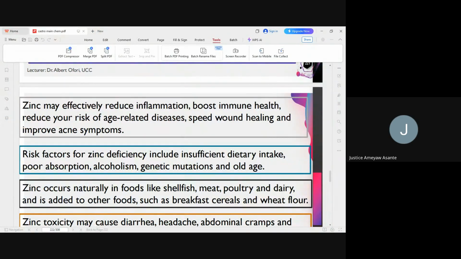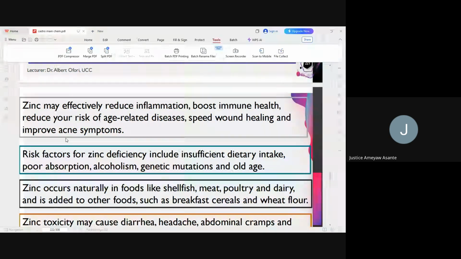Okay. So zinc may effectively reduce inflammation, boost immune health, reduce your risk of age-related diseases, speed wound healing, and improve aging symptoms.